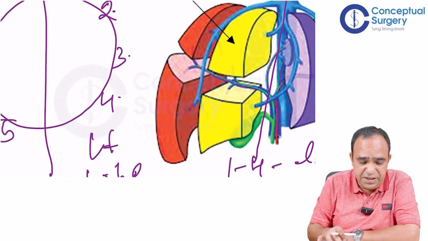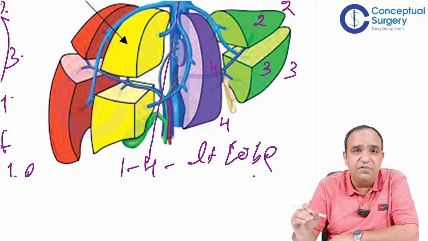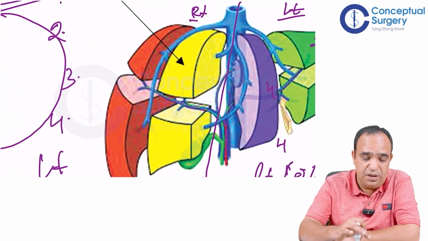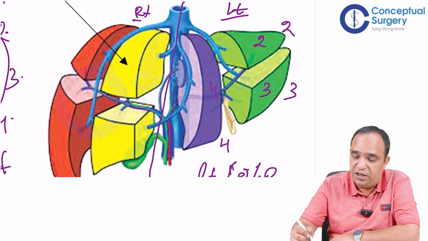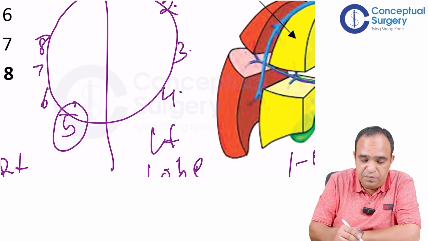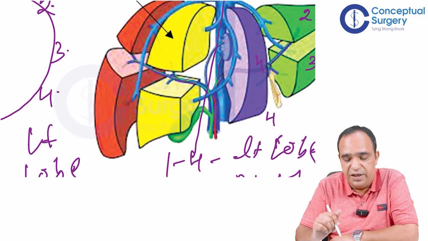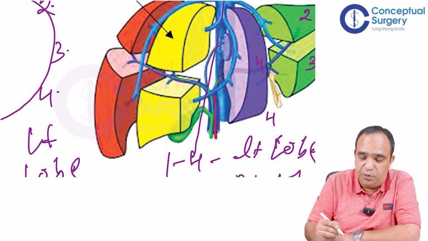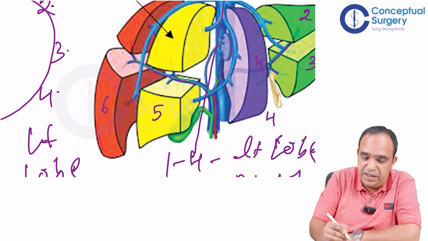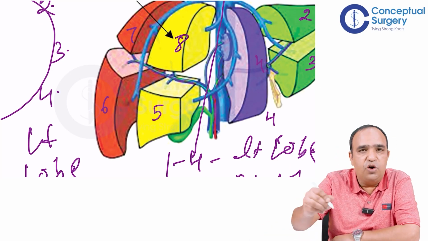Now 5 is at the bottom, 2 was at the top. So that's another way how to remember. 2 is at the top, so we start from here, 2, 3, 4. But 5 is at the bottom, 5, 6, 7, 8. So here the nomenclature of right lobe segments will start at the bottom, clockwise manner.